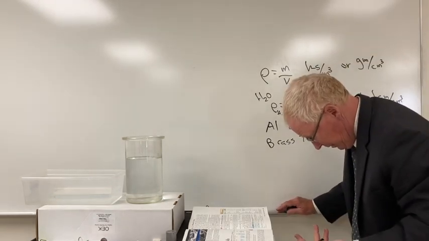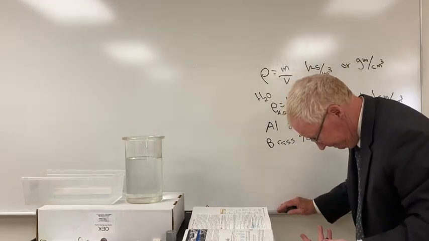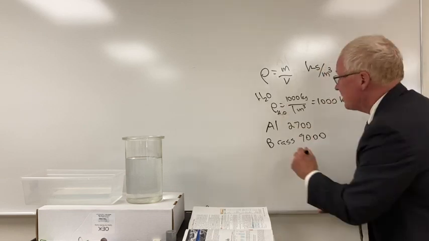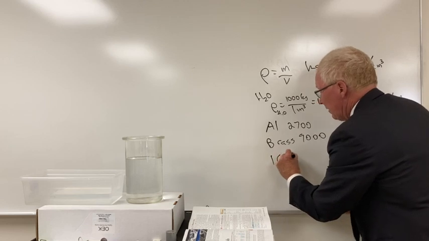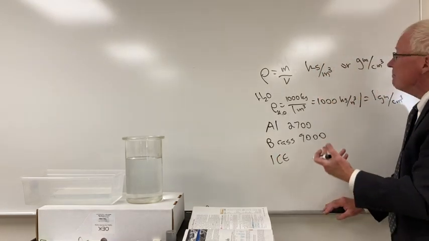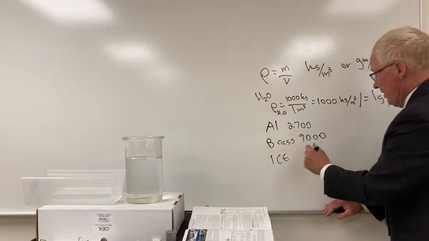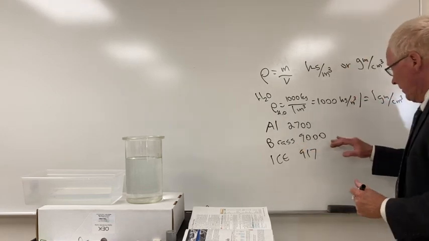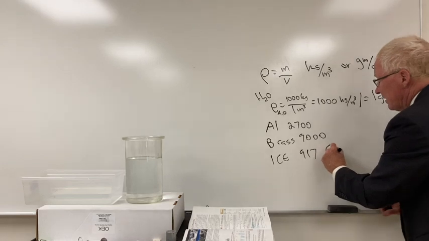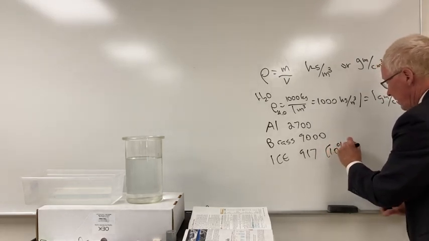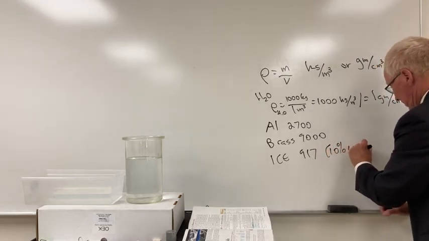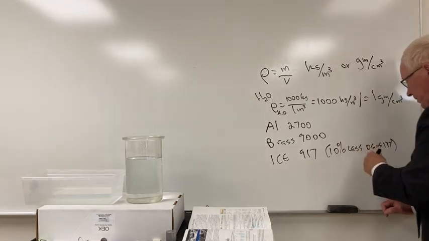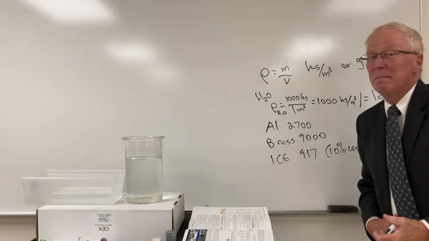We also compare other things. We talk about liquids, we talk about ice, we talk about solids. Ice is 917. That's why it's about 10% less dense, which is why ice floats on water.